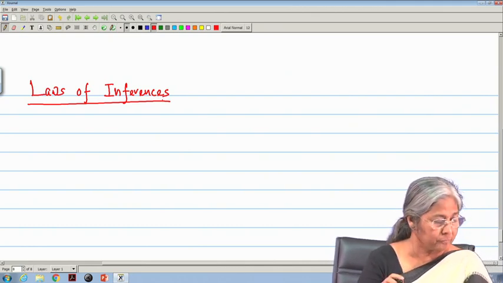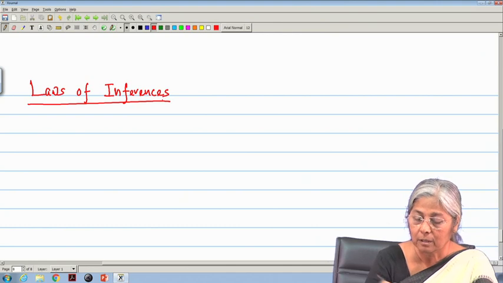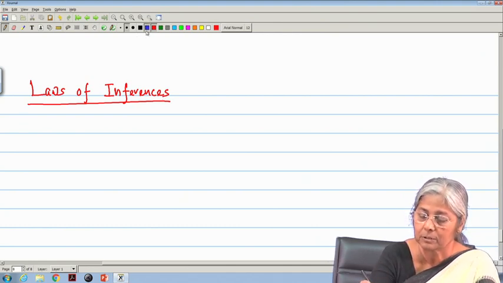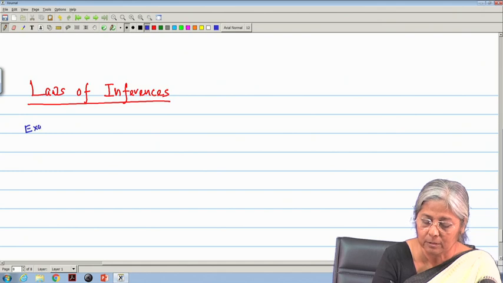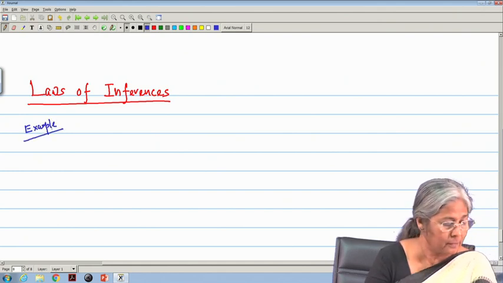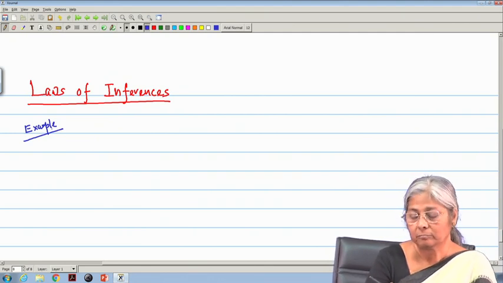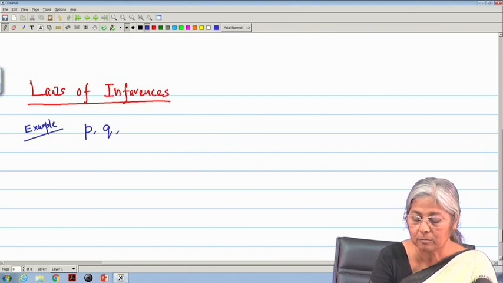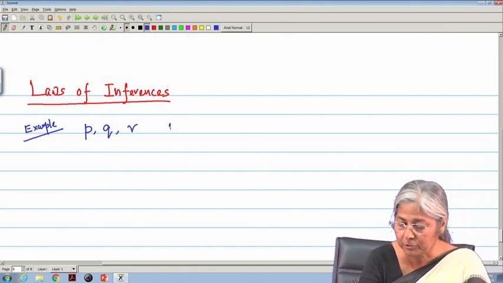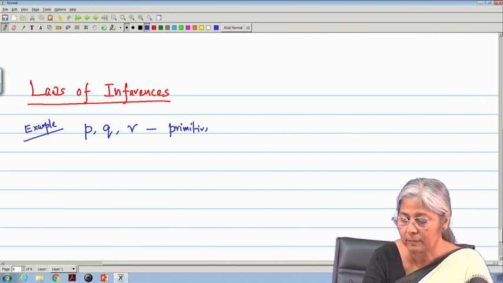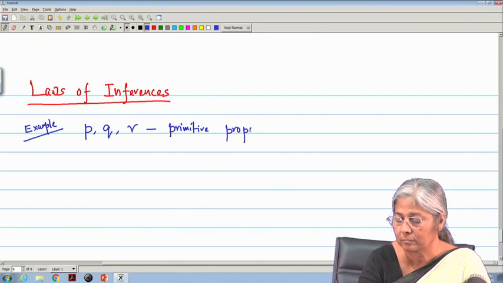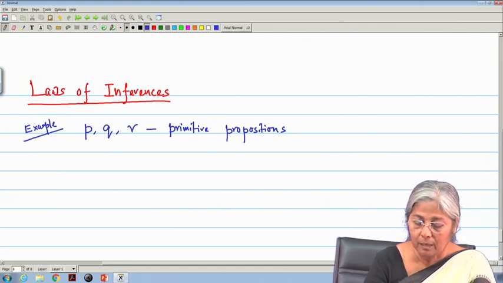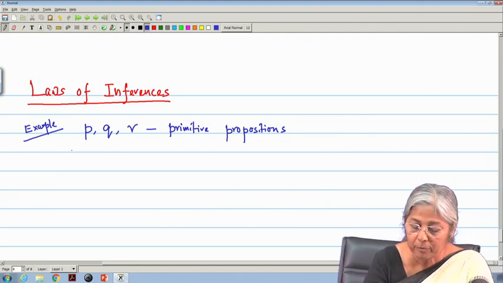Okay. So, we take one example. Say we have primitive propositions p, q, r. And we have two compound propositions.